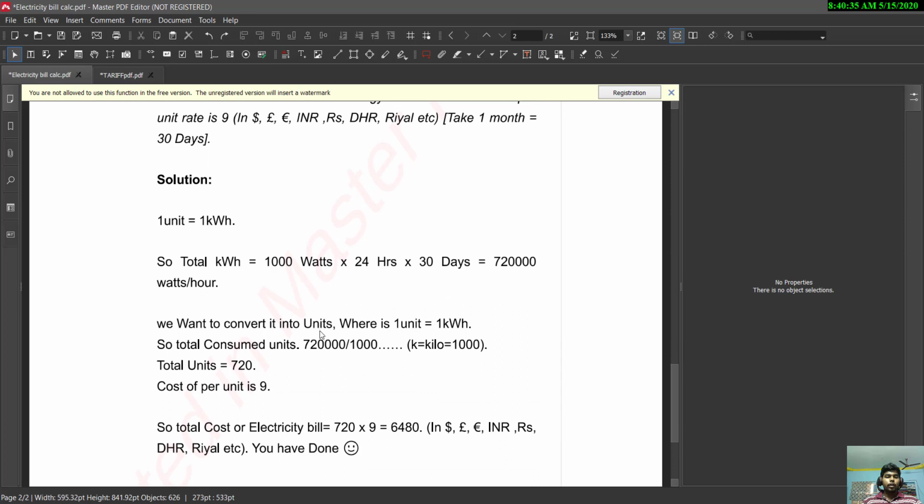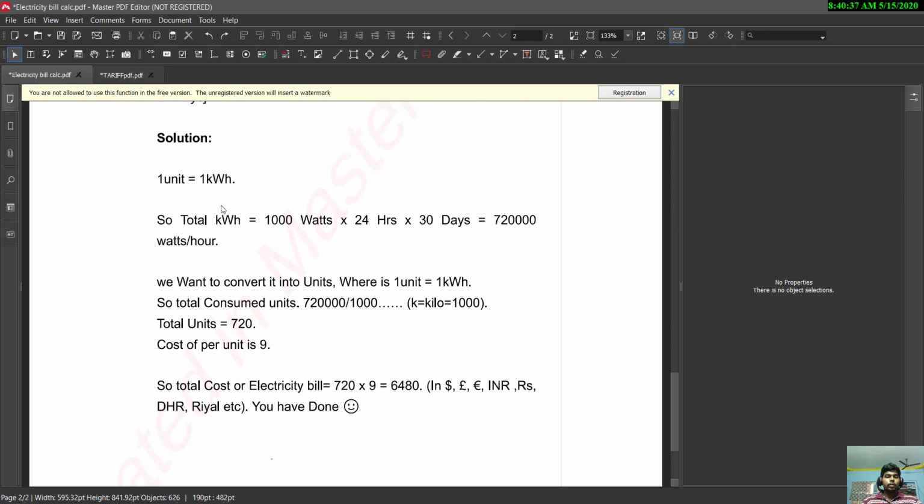We want to convert it into units, and then only can we calculate the total cost. We know that 1 unit is equal to 1 kilowatt hour. Similarly, 7,20,000 watt hours divided by 1000, that is watt hour converted into kilowatt hour, is equal to 720 units.